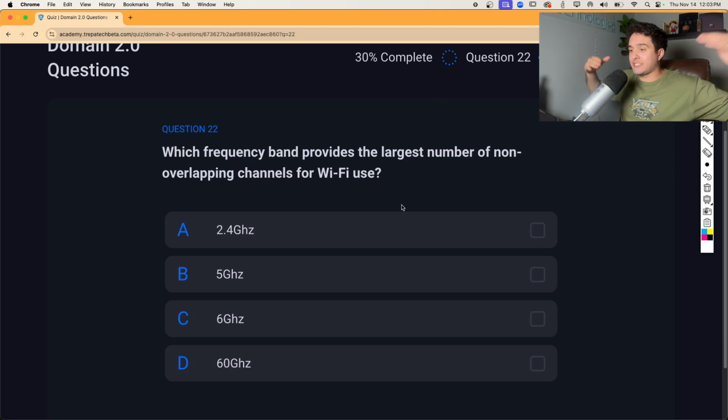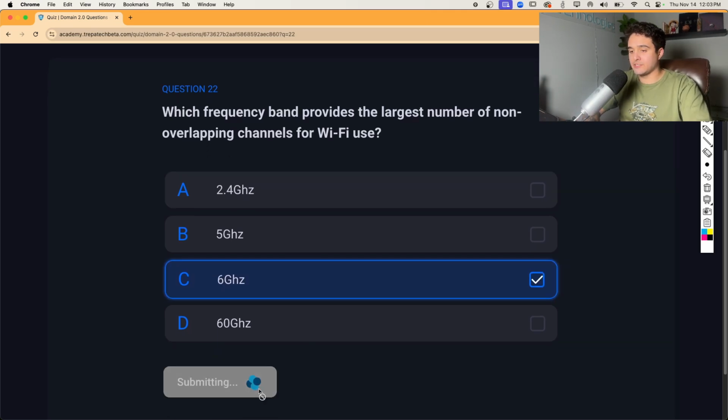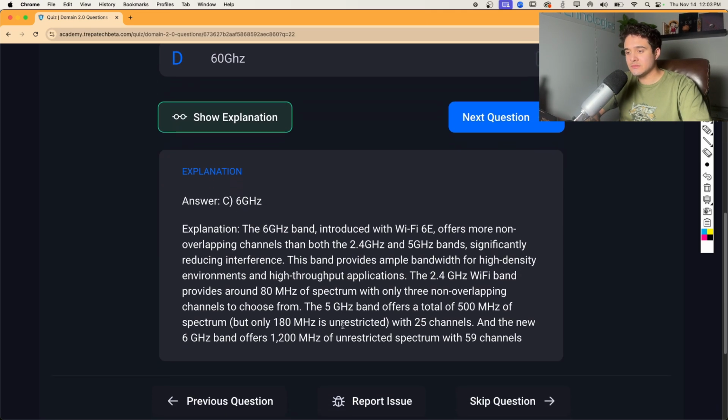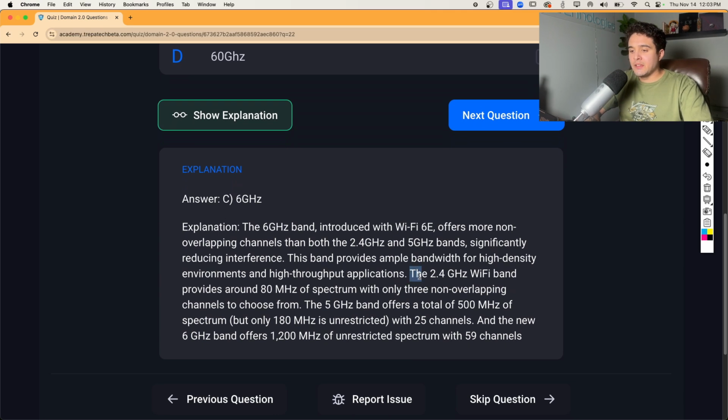But 6 gigahertz expands us and gives us a lot of non-overlapping channels with still high bandwidth rates. And 60 gigahertz is not a Wi-Fi range. That'd be crazy.